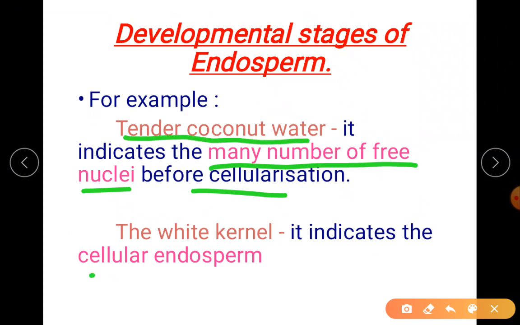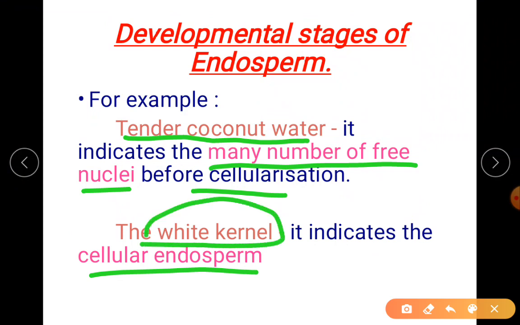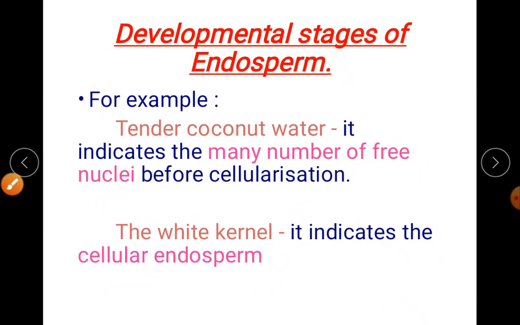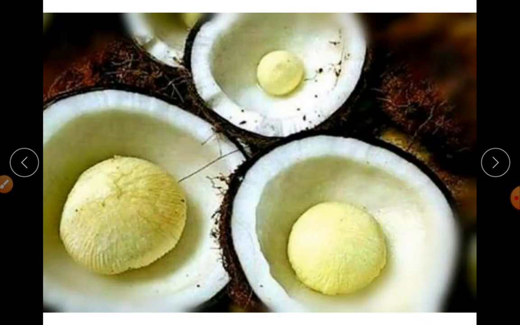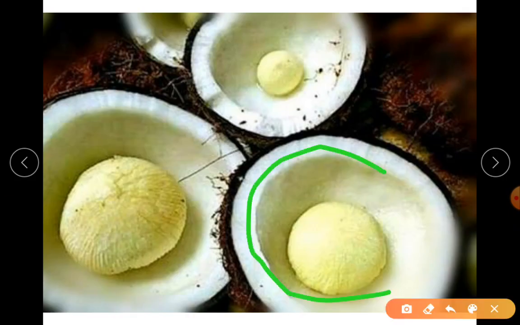And you can find cellular endosperm at the stage when the coconut is ready with its white kernel. Let me show you the picture. This is the white kernel. When it is tender, you won't find it so thick; you will find it as a thin film.